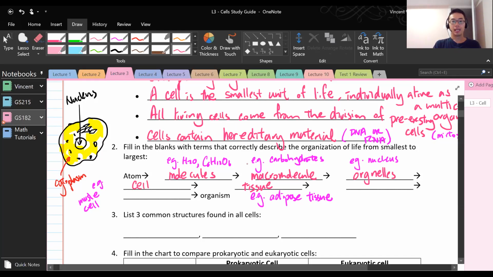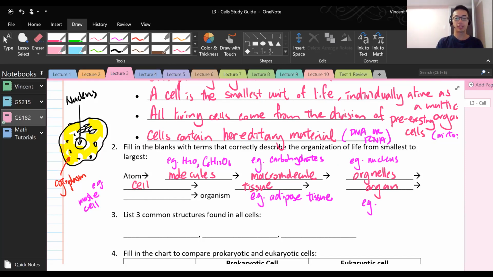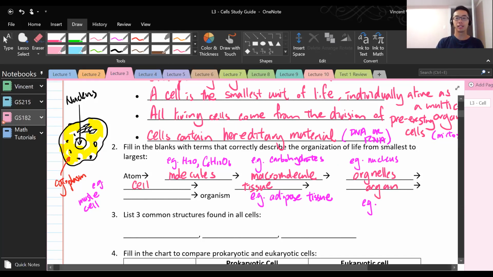Okay, and then you can have different types of tissue coming together to form an organ. Okay, so an example of an organ. Anybody want to give me an example of an organ here? Should be pretty straightforward. Any organs that you know? I'll put it here. Liver. The liver is good. Okay, so in the liver there is adipose tissue, right? There is epithelial tissue, as I said.